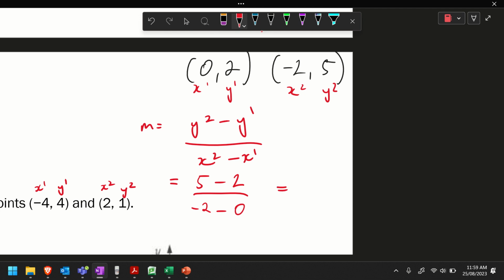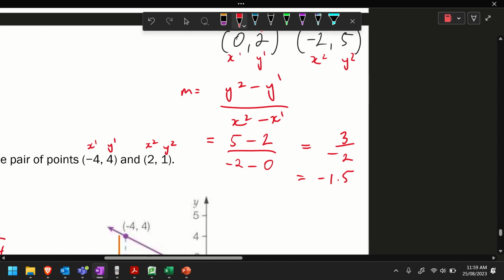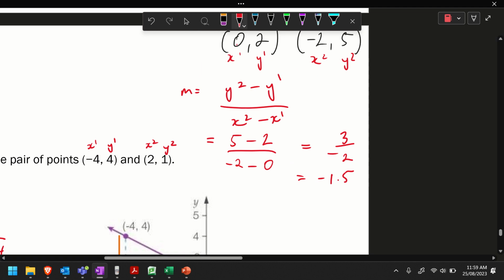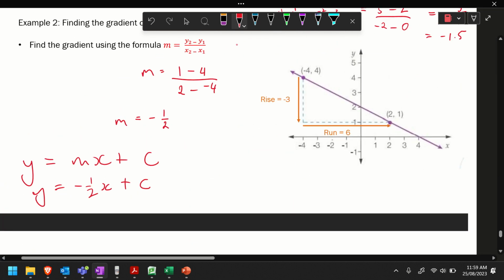So the gradient for this should be 3 over negative 2, which is negative 1.5. Okay, so same deal, yeah? You're just going to use your calculator for this if you're confused. But use that formula to find your points. So you need only 2 points, and then find your gradient using that formula.